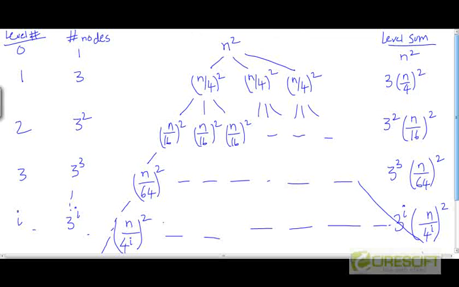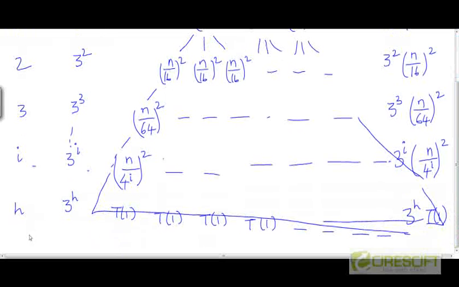So to calculate T of n, we need to sum these level sums. T of n is going to be, writing the last level sum separately, 3 to the power h times T of 1 plus summation of 3 to the power I n by 4 to the power I squared, I varying from 0 to h minus 1.